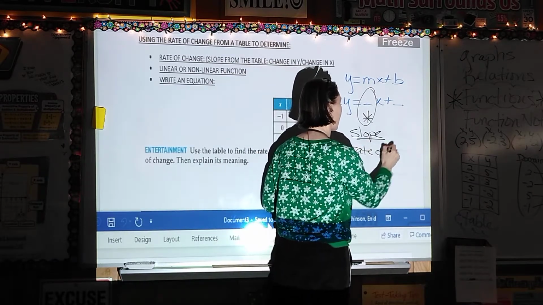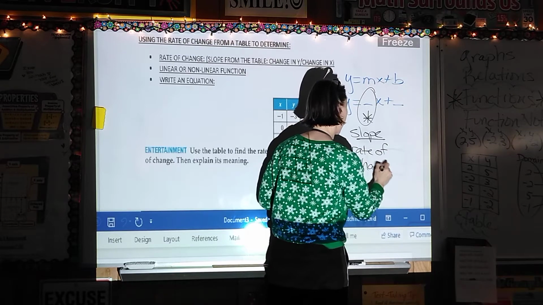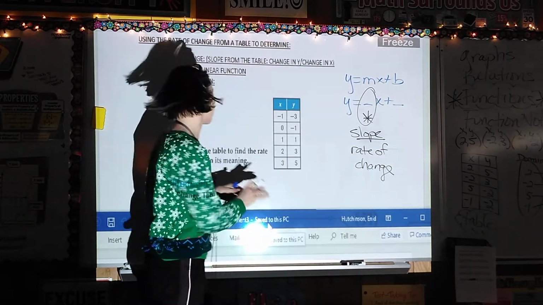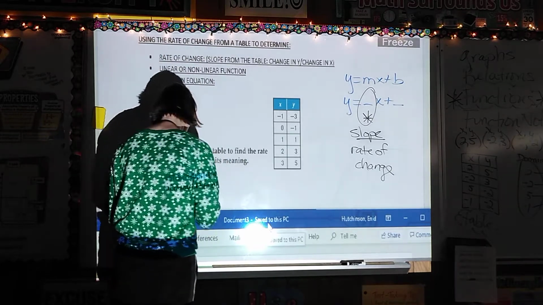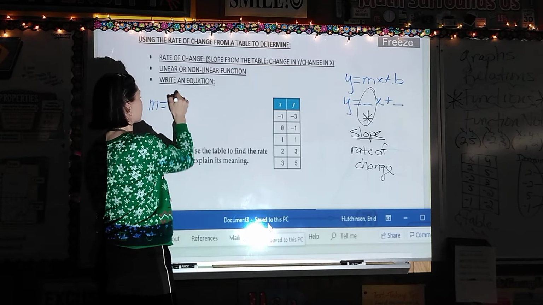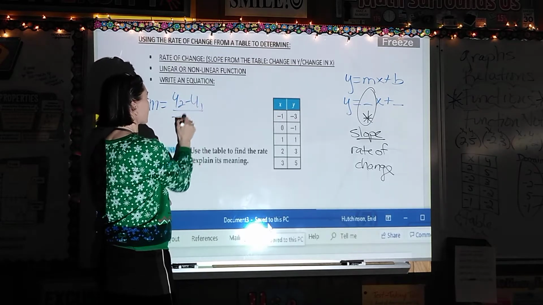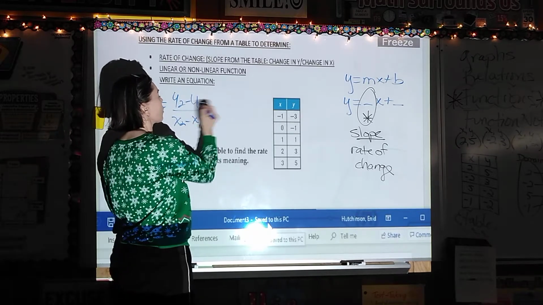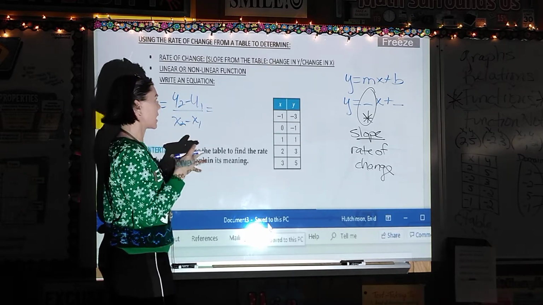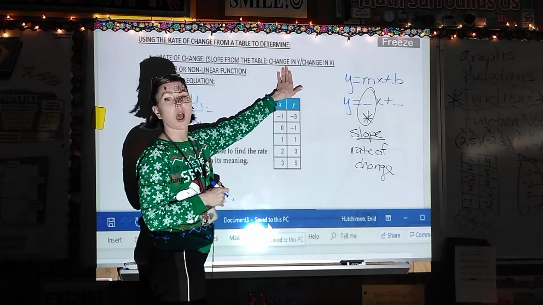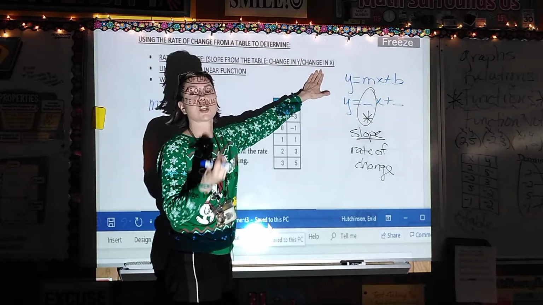Rate of change. Okay? And so what is the slope formula? Let's remind ourselves of what the slope formula is. We know that the slope formula is y sub 2 minus y sub 1 over x sub 2 minus x sub 1. We remember that, okay? But when we're talking about the rate of change, basically it's the change in y divided by the change in x.